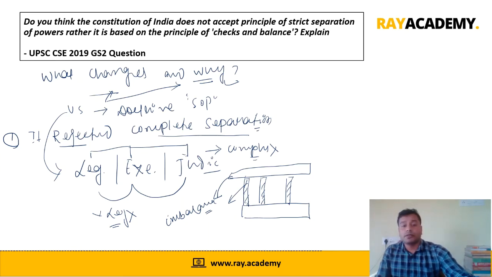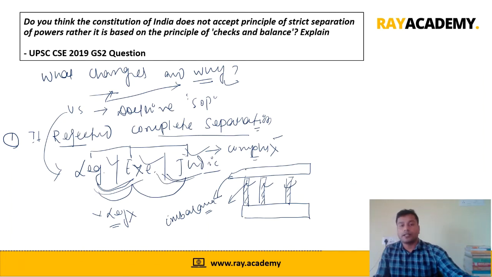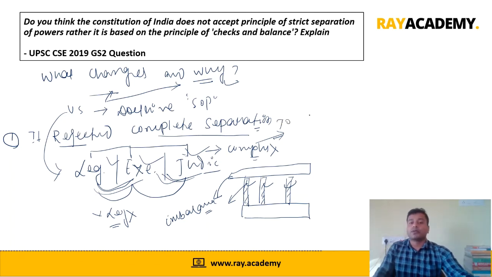If there is a complete separation between the three wings, there is no other way to help each other. So they allowed a little bit of interaction so that in certain situations they can support each other and also seek necessary advice from each other. So that is like a helping hand when one wing is not functioning well, so that the other wings will be able to extend help. That is one of the reasons why it rejected complete separation. Otherwise it would have been a disaster.